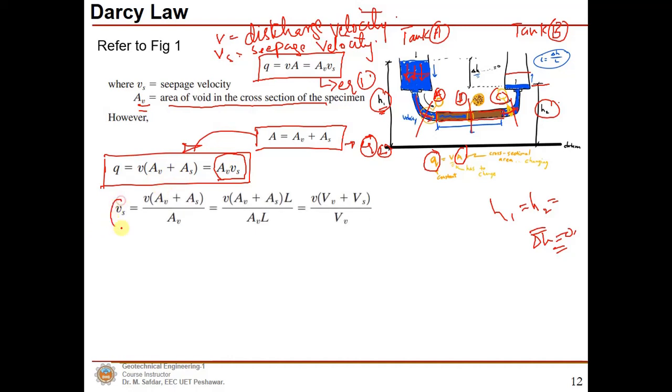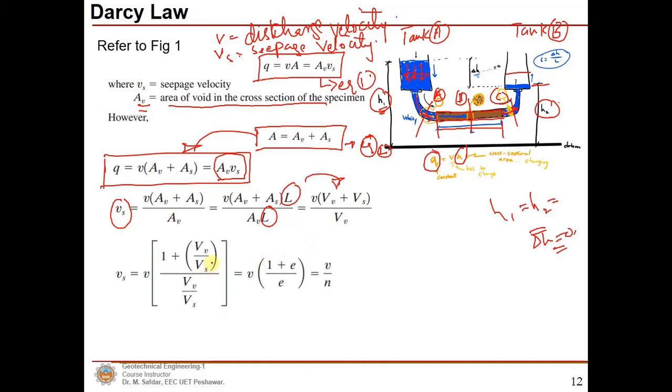Now we can rearrange for the seepage velocity, because we are finding a relationship between the seepage and the discharge velocity. We will multiply and divide that with the length of that specimen which we placed in that pipe. We will get the relation in terms of volumes of voids and volume of solids. Now we can simply divide the numerator and denominator by the volume of solids, and we already know that volume of voids to the volume of solids is equal to the void ratio.